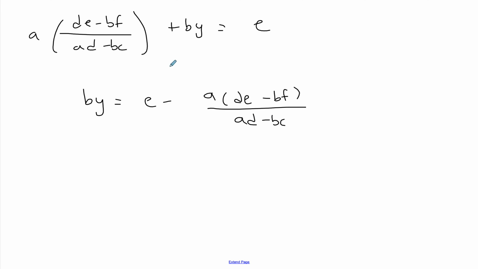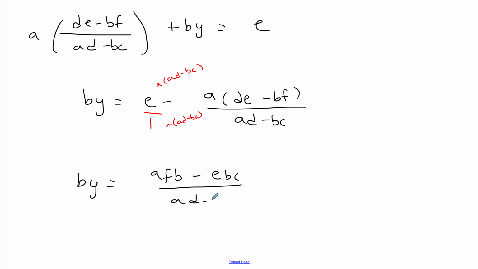Now, because this is e over 1, I'm going to multiply this whole thing, numerator and denominator, by ad minus bc, and that way I'm going to end up with the same denominator, so I can subtract the numerators with each other. I'm not going to go through the technicality of that, so you can just multiply by ad minus bc, expand out, simplify, and so on, and you should get afb minus ebc divided by ad minus bc.